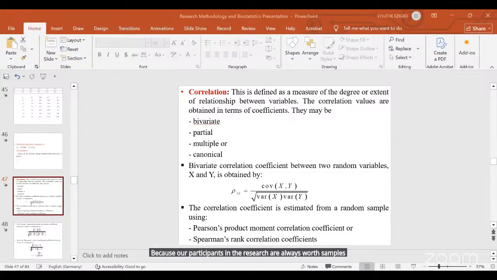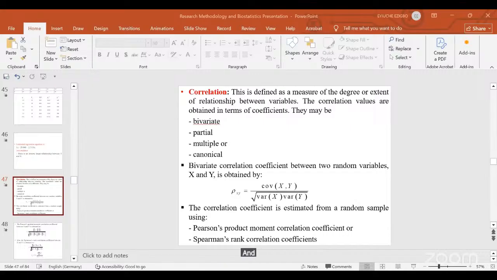So there are correlation values obtained from a sample, which means they are estimated correlation values. Is that clear? And we are not here to begin to discuss the population correlation. But what we are discussing, which we normally report in our work, is what? Sample correlation, which in other words is known as estimated correlation.